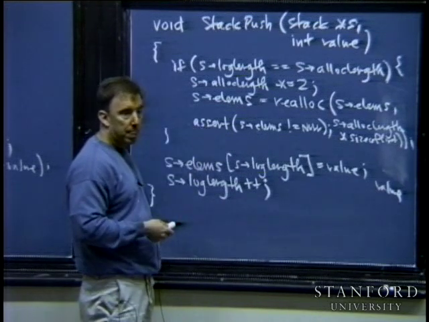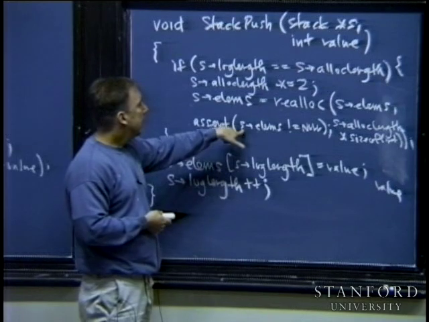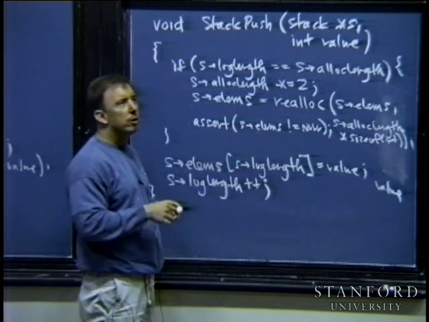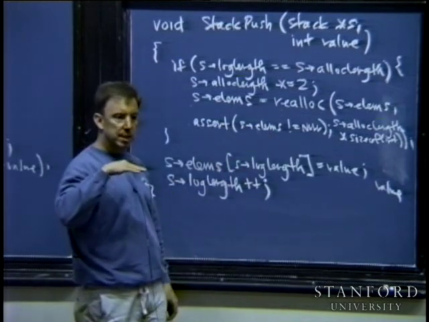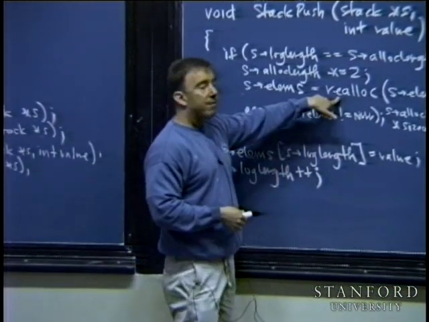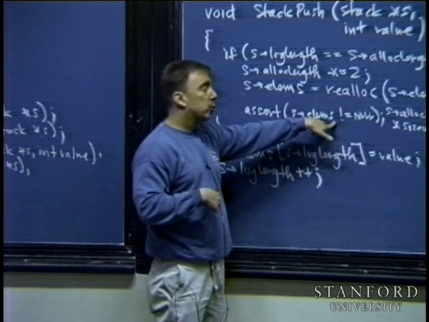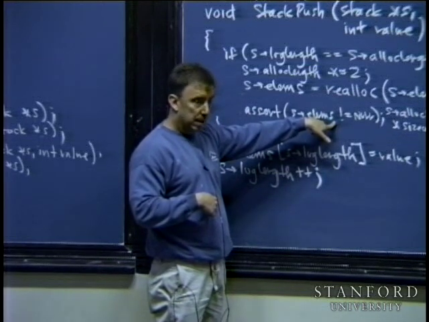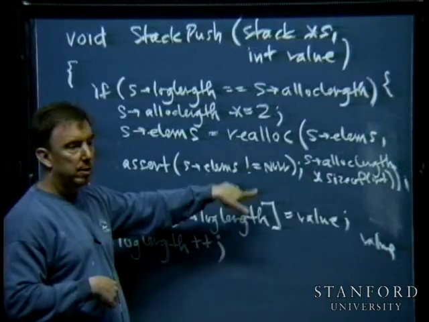Actually, the contents, I was wondering, s arrow elems is not equal to null. You want to assert the truth of some condition that needs to be met in order for you to move forward. If realloc fails, it will return null. You want to make sure that did not happen. That's why there's a not equals there as opposed to a double equals.